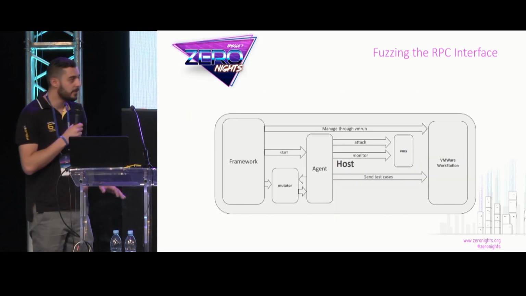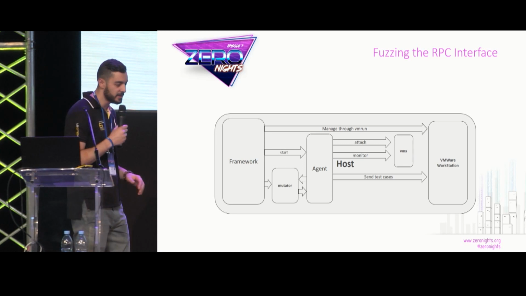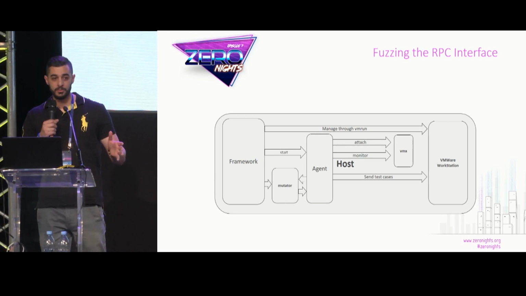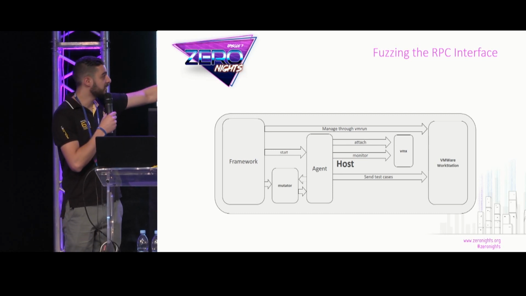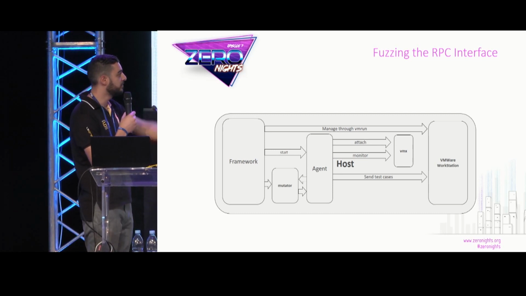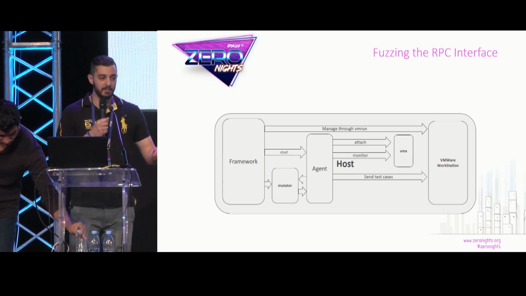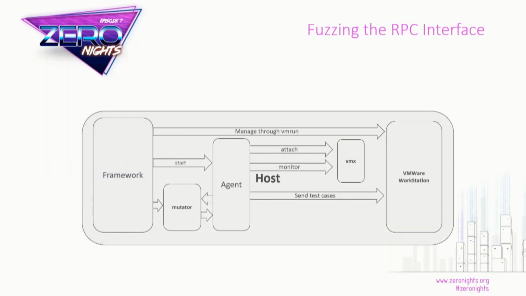So basically, this is how I started with the whole architecture. I have my framework running on the host. I have VMware VMX spun up, which is VMware Workstation. My framework spins up an agent which has a mutator that feeds the agent. The agent attaches to VMware VMX, and you're going to have some test cases being sent to the guest OS.